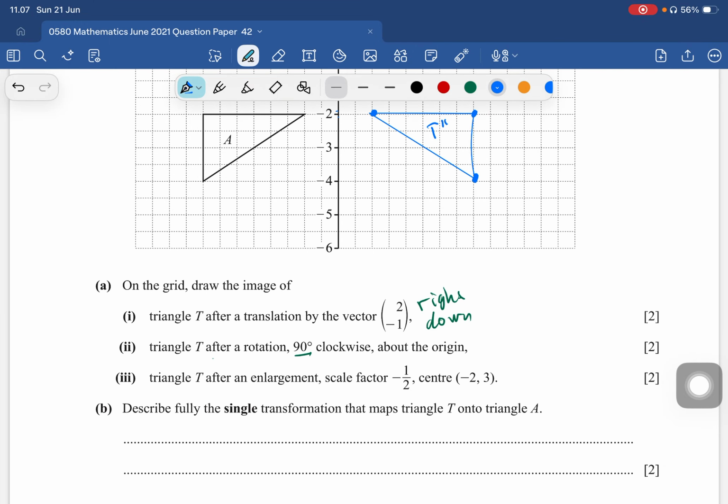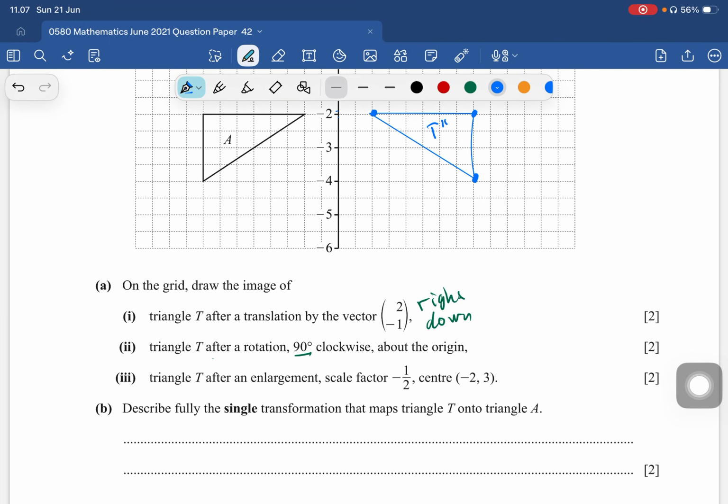First edge. Okay, here's the second edge. And the third edge. Okay, we can count it.